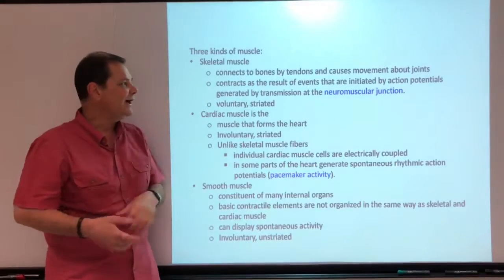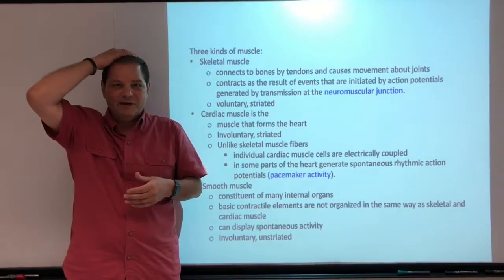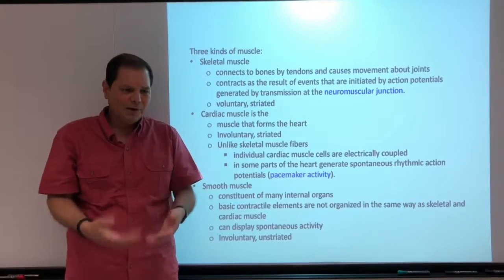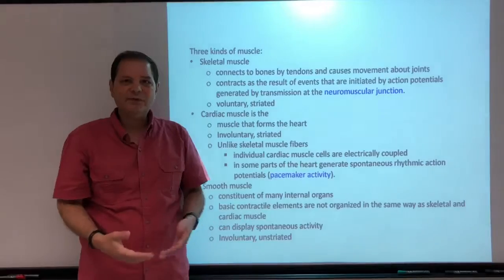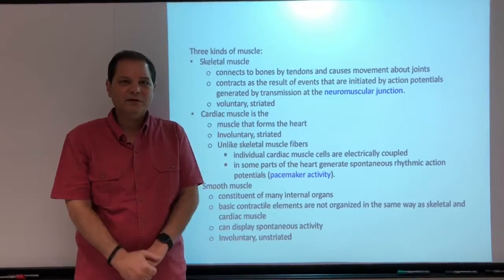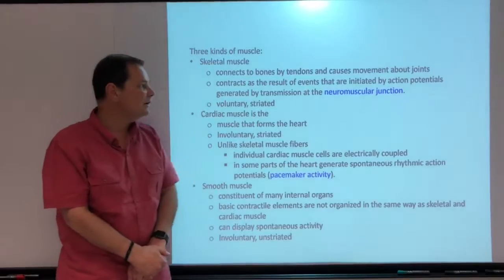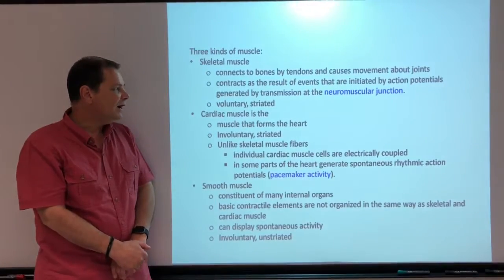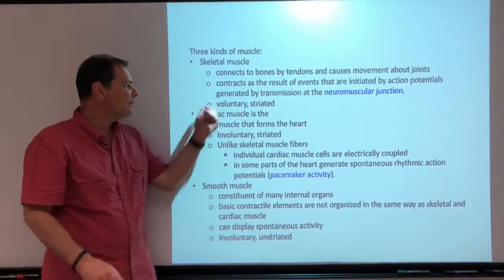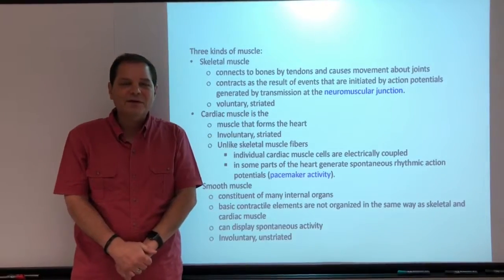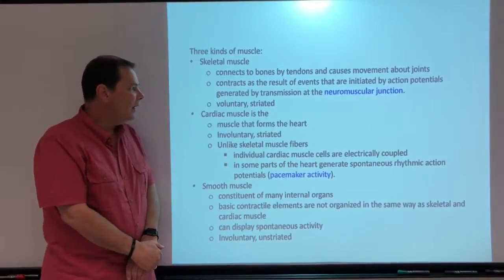That is, an action potential starts in your brain, where your brain goes, contract that muscle. It is propagated down the nerve, and then at the nerve terminal, the signal is transported across a synapse, the neuromuscular junction, which then initiates contraction of skeletal muscle. So skeletal muscle is completely voluntary in that your brain says, hey, do it, and then you do it.